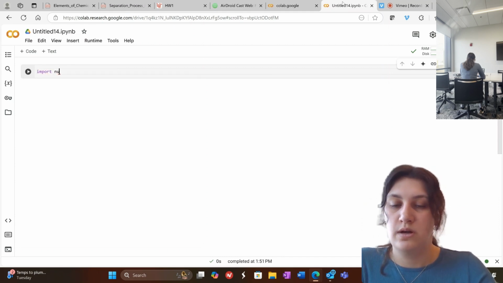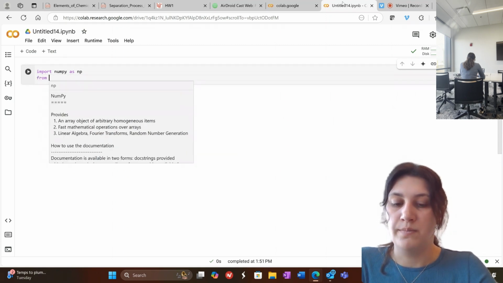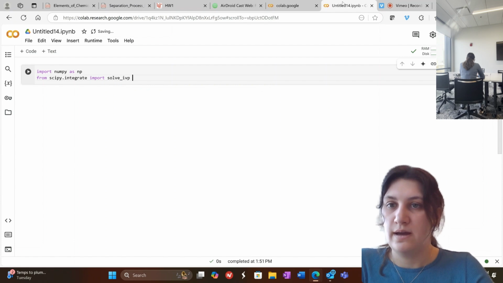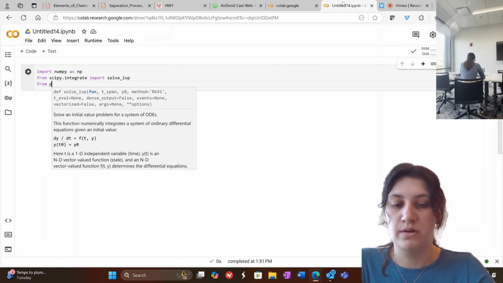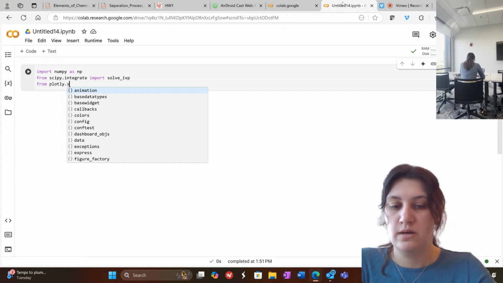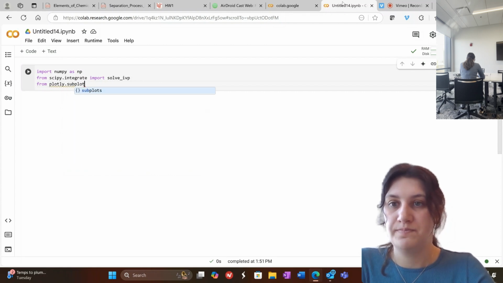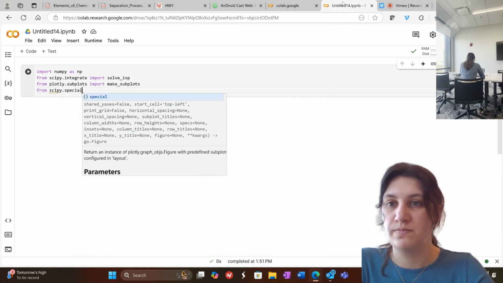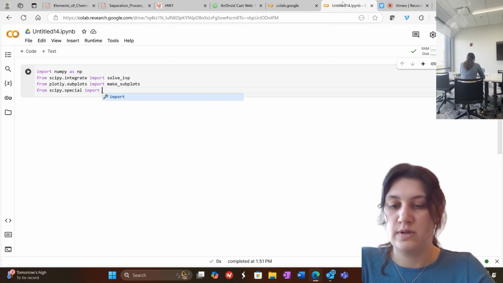We import NumPy as np, from scipy.integrate import solve_ivp, from matplotlib.pyplot import subplots, and from scipy.special import expit.